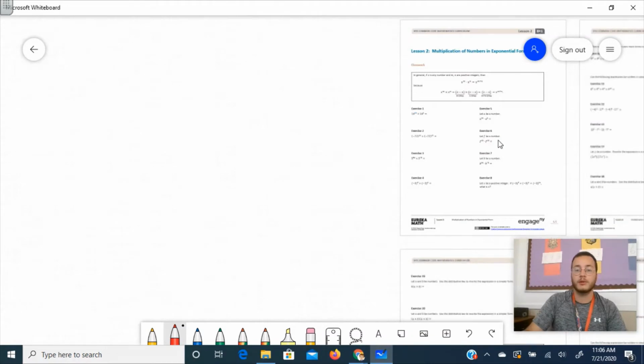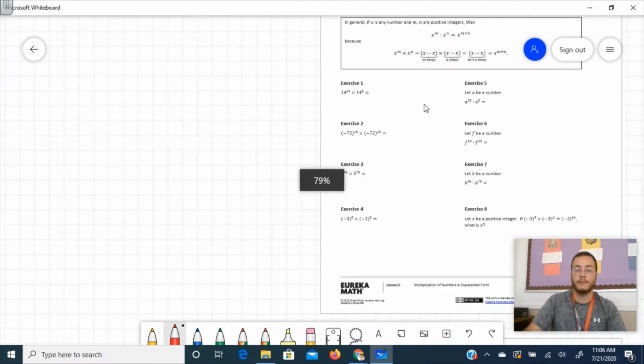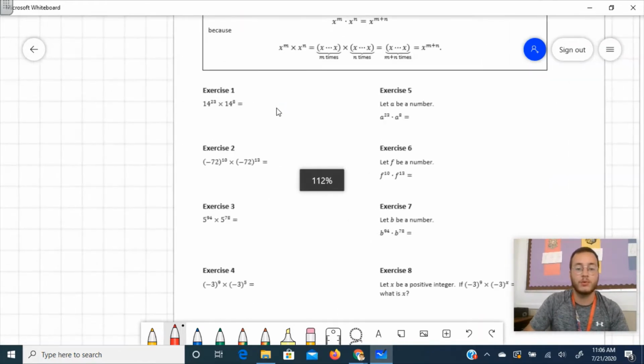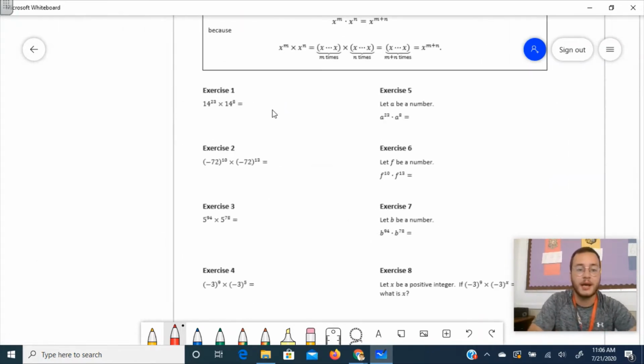We're going to start with exercise 1. I have 14 to the 23rd power times 14 to the 8th power. Well, my first question is, do they have the same base? And the answer is yes, they both have 14 as a base. Now their exponents are 23 and 8.